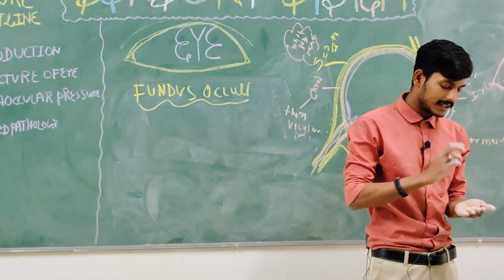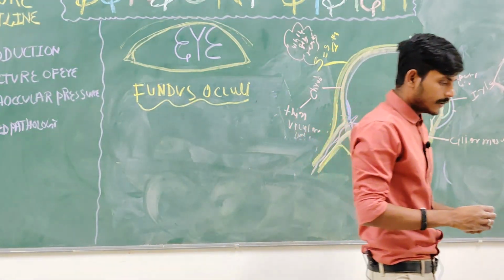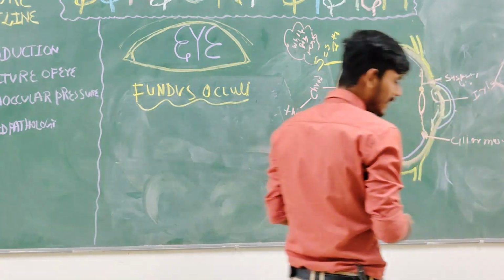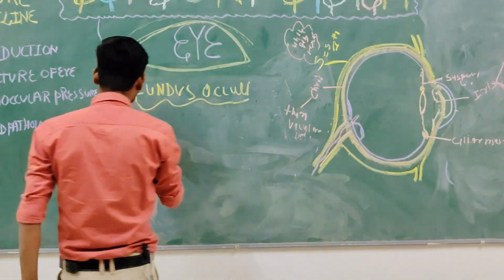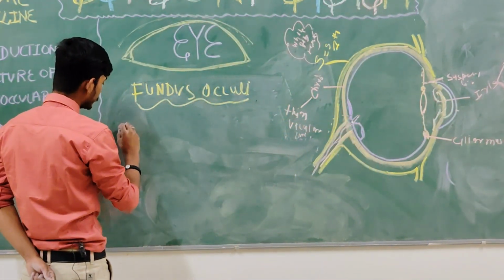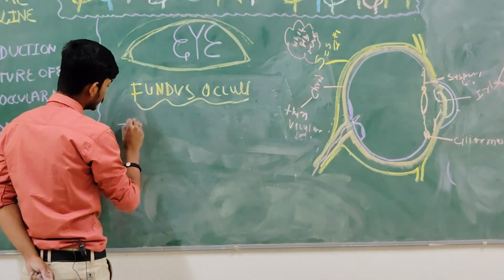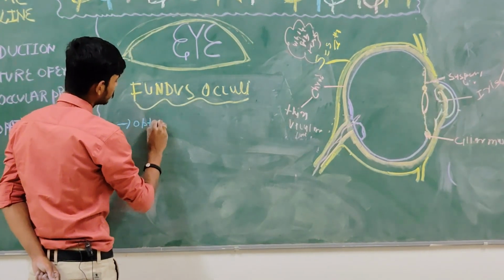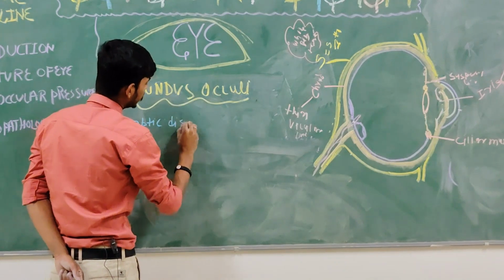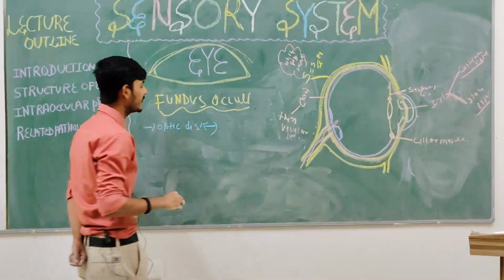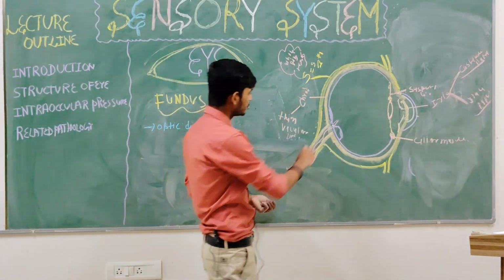It consists of two things. The first is the optic disc, and the second is the macula lutea with fovea centralis.